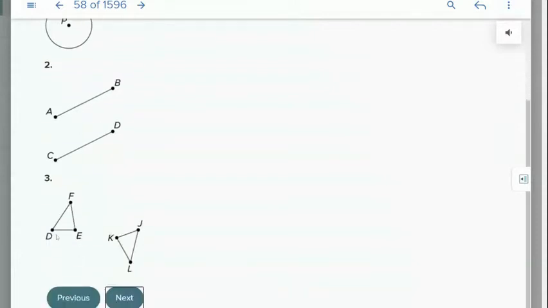What do you think about triangle DEF to, I believe, JKL? Because I think I said DEF, so JKL. This doesn't look like a translation, right? So what do you think?